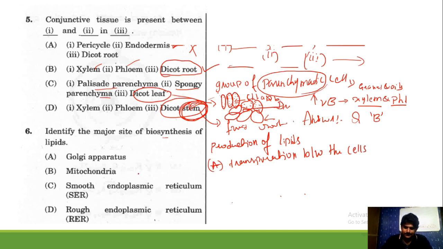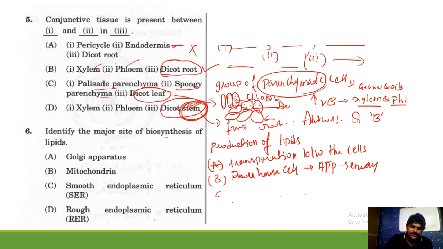Then if we come to option B, you all know that mitochondria is the powerhouse of the cell which produces ATP, that is energy, right? So it will not produce lipid.